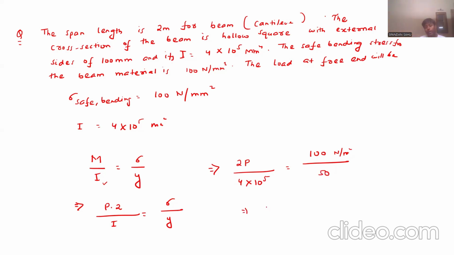So from here, if you substitute, P will be 100 into 4 into 10 power 5 by 2 into 50, so it will be 4 into 10 power 5 Newton, or 400 kilonewton will be your answer.